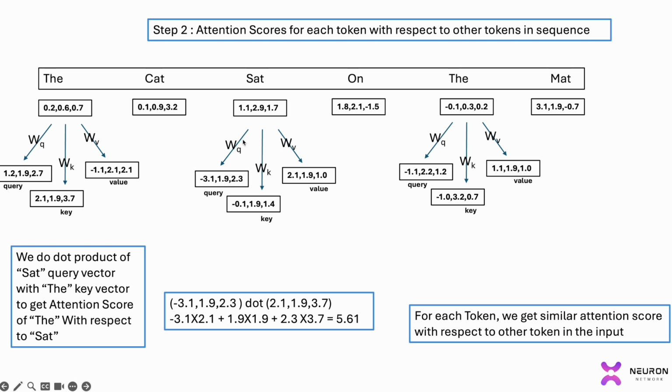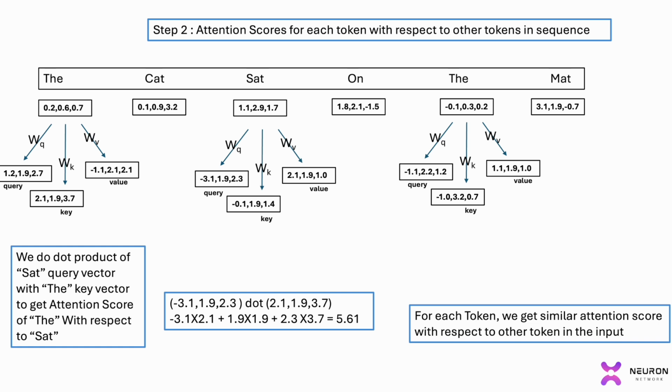One more time: we do a dot multiplication of the "sat" query vector with the key vector of "the" to get how much attention "sat" should pay to "the".